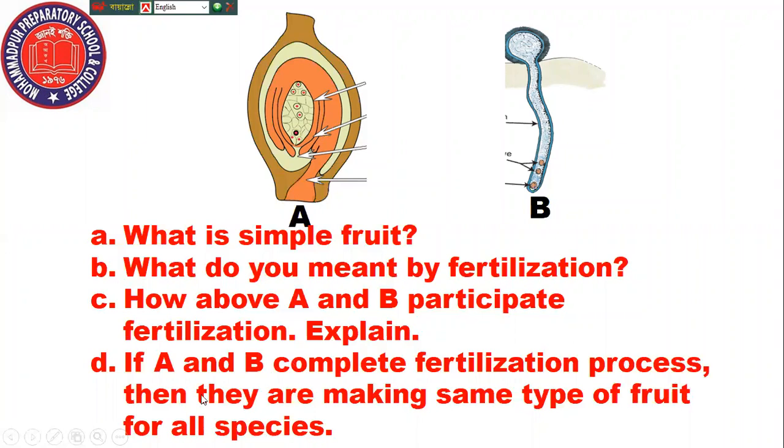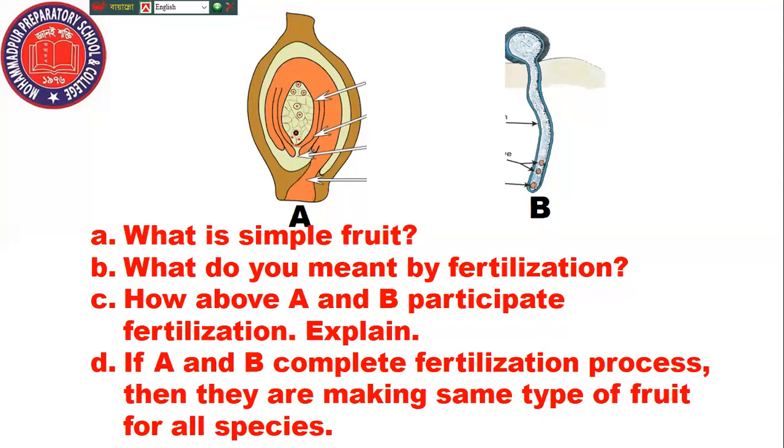And the last question: if A and B complete the fertilization process, then they are making the same type of fruit for all species.